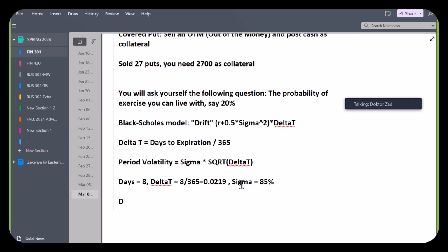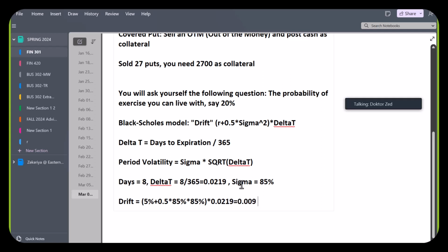So drift is going to be 5%, the current number for interest rate, plus 0.5 times 85% times 0.0219. That's the drift.